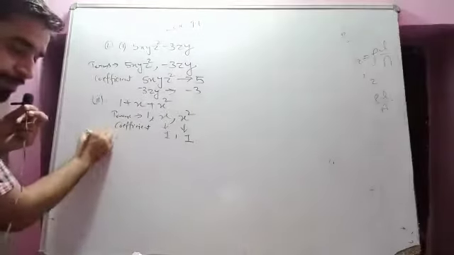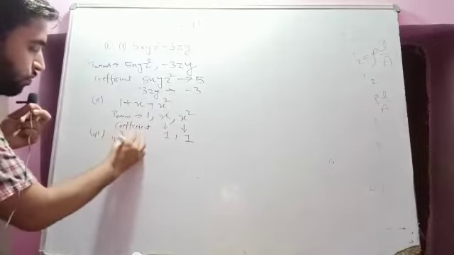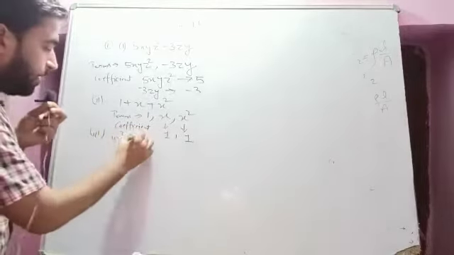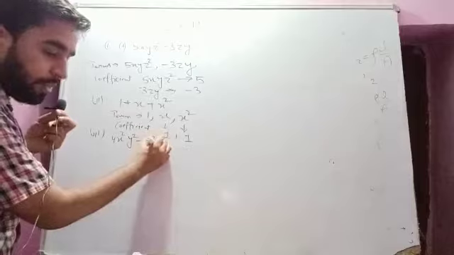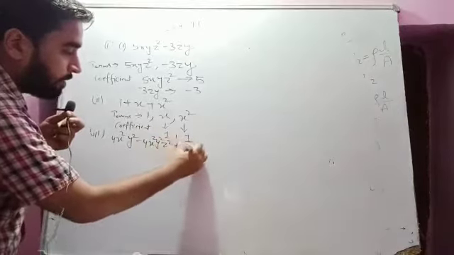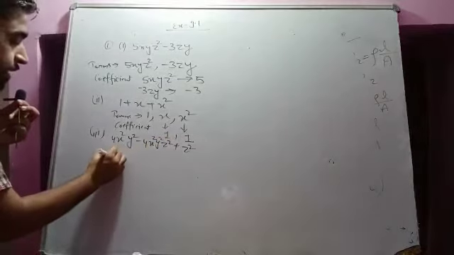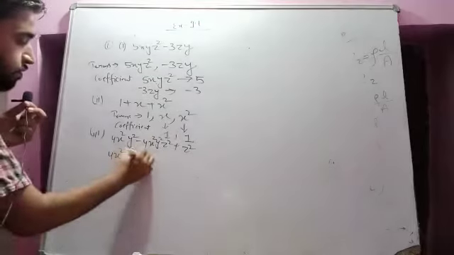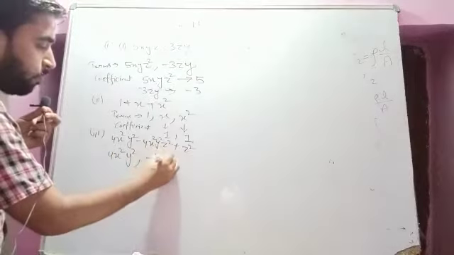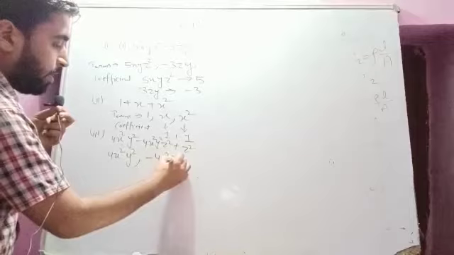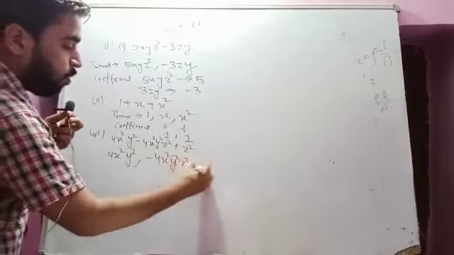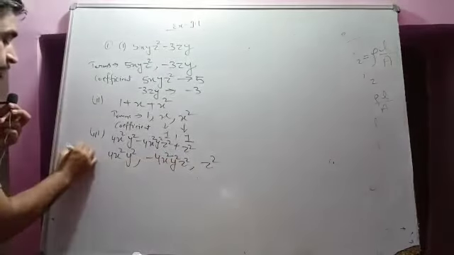Third part, 4x square y square minus 4x square y square z square plus z square. What are the terms? We will say 4x square y square, minus 4x square y square z square, z square. So these are the terms.